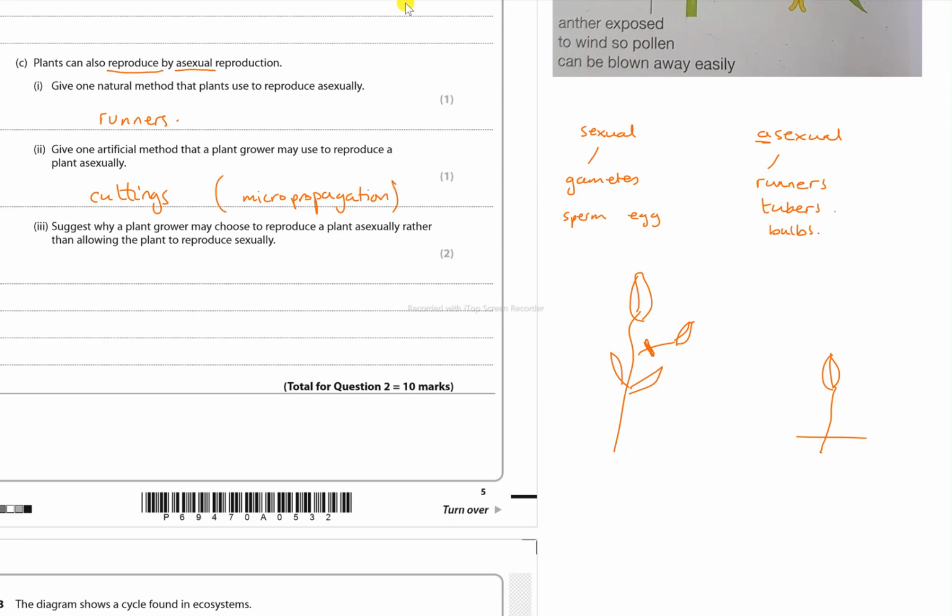Another thing people do is, there's your plant. If I take this and graft it onto here, then that will grow as part of that plant.